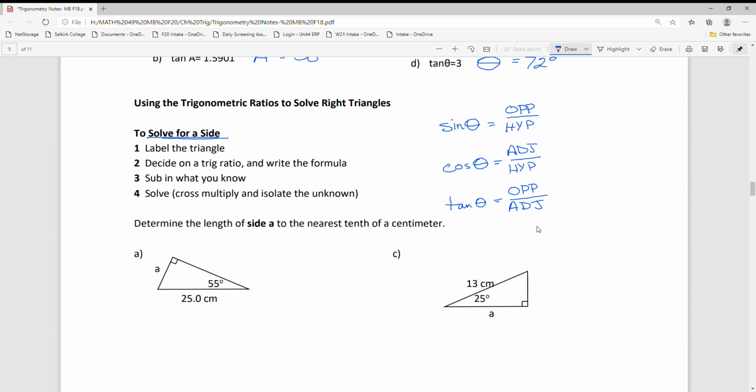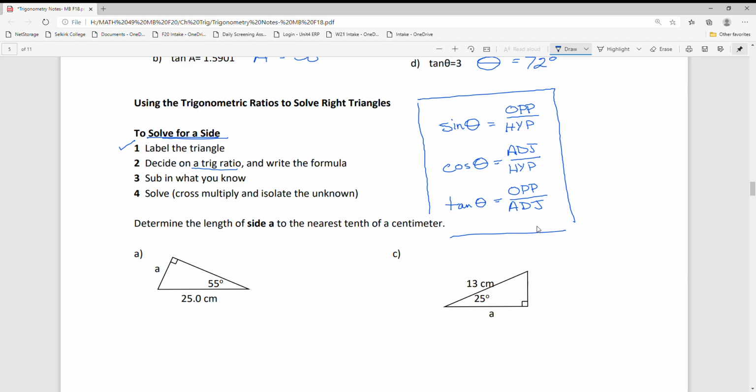And so in these ones, we're going to have this strategy, and these are the formulas that we're going to employ as we work through the notes here. So the first thing we're going to do is label the triangle. The hypotenuse was always the easiest one to label, but we'll label the other sides that we're given or being asked about as well. From that information, we're going to be able to choose a trig ratio.